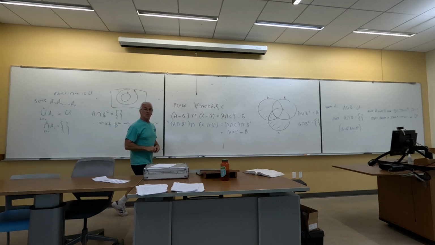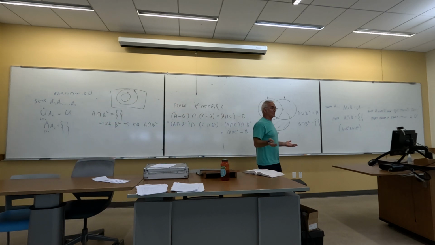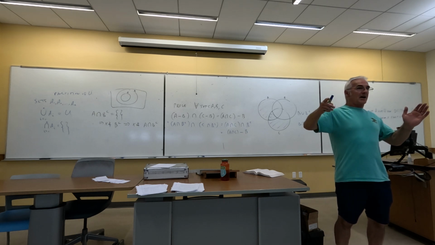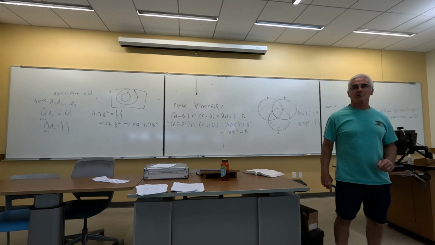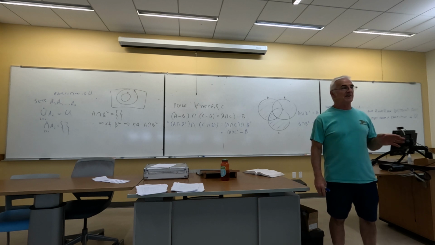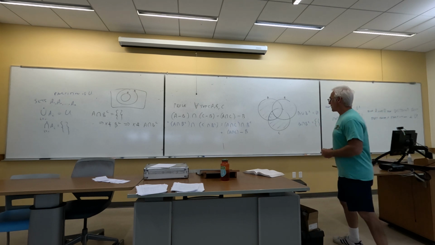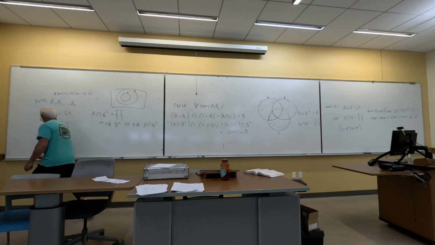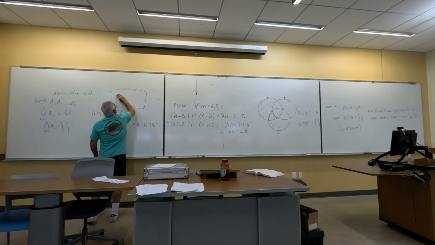Does that make sense? With two, it's really easy, but what if I have more than two? So I have a whole bunch of sets. If I drew it as a Venn diagram, there's no intersections. All my circles are separate. But as a Venn diagram, they make up the whole. So a better Venn diagram in that sense would not be circles. No, a better Venn diagram would be something like this.